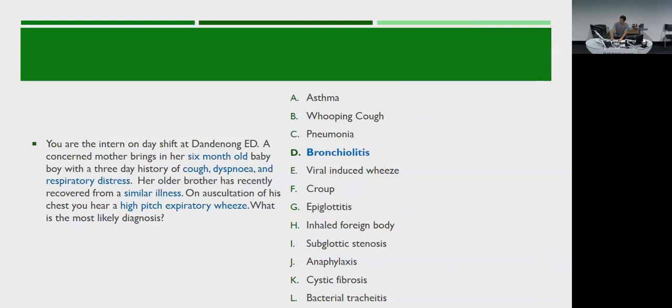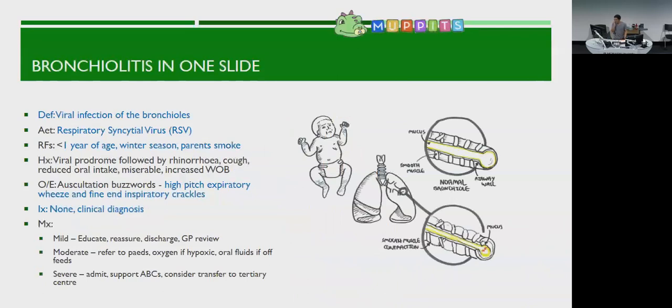And I have a really nice slide by a pediatrician who gave us this lecture that I'll show you guys in a bit that helps us differentiate the spectrum of pediatric wheezes. The buzzword here to be aware of is the high-pitch expiratory wheeze. So bronchiolitis in a nutshell, RSV: your 3 features that will lean you towards it are less than 1 year of age, it's winter (if you did peds in winter, you would have seen them in droves), and parental smoking, which is more a risk factor for developing any sort of airway infection.